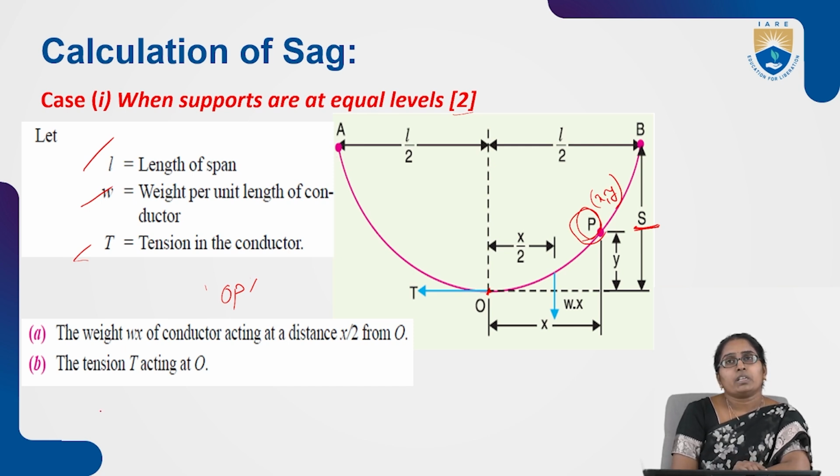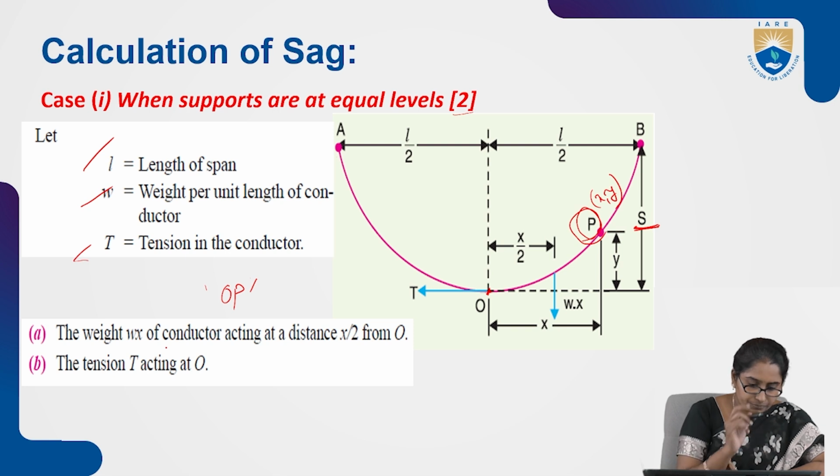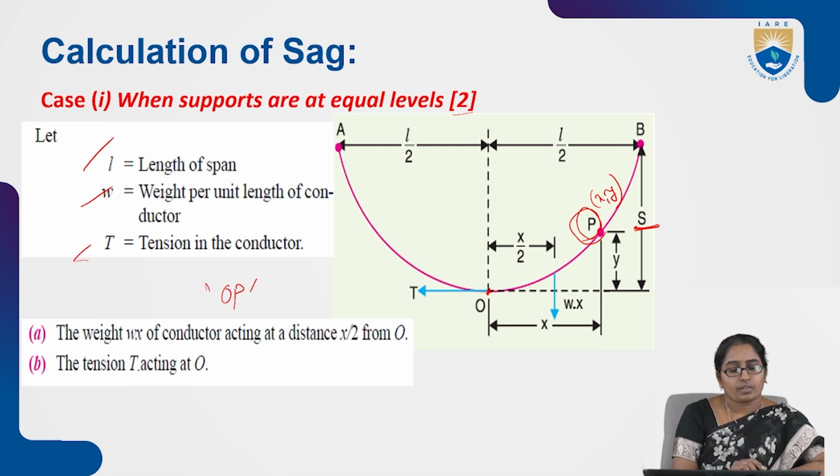This weight Wx acts at a distance of x by 2 from the point O. You can see this clearly with the blue line. So it is acting at a distance of x by 2 meters from point O.